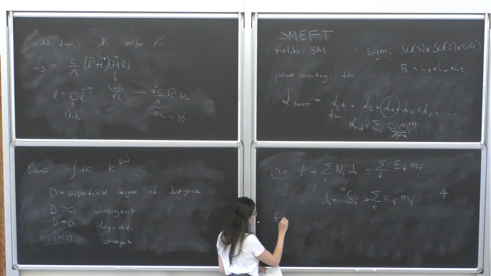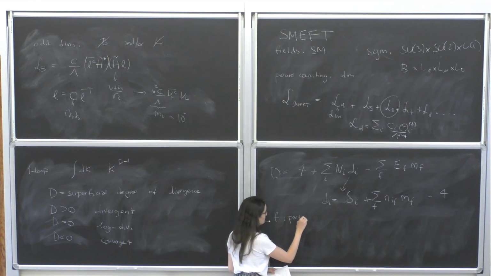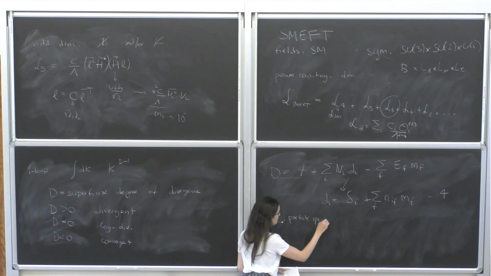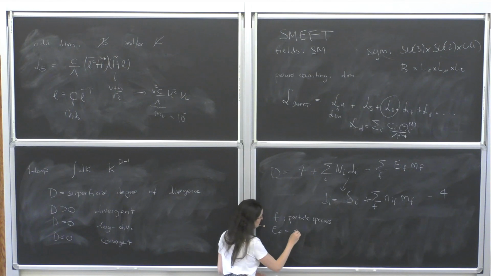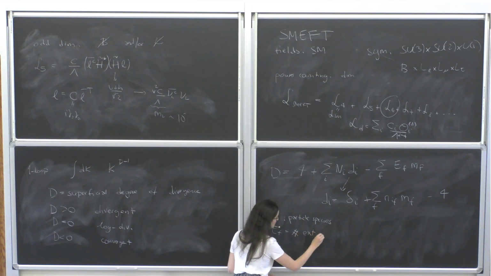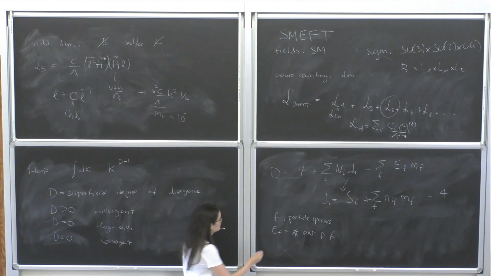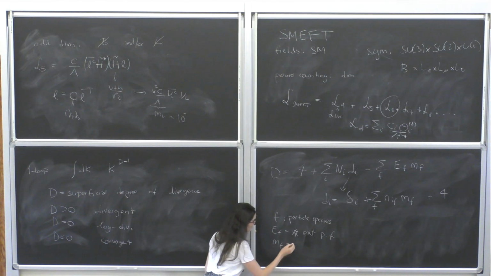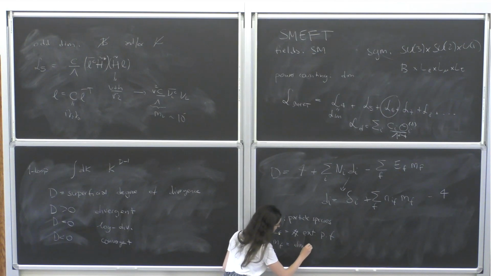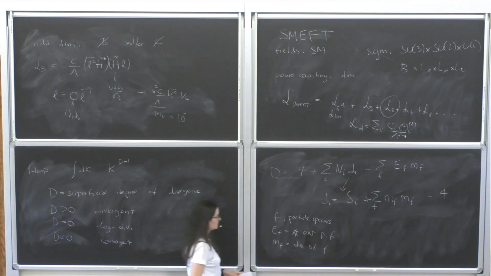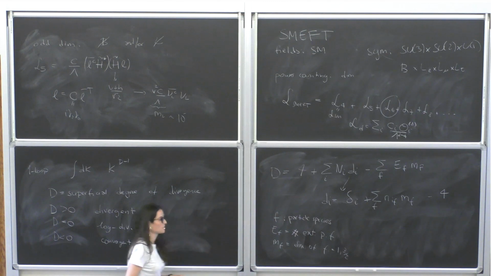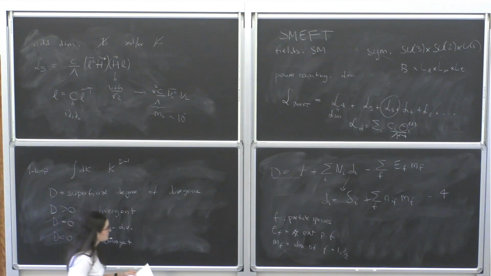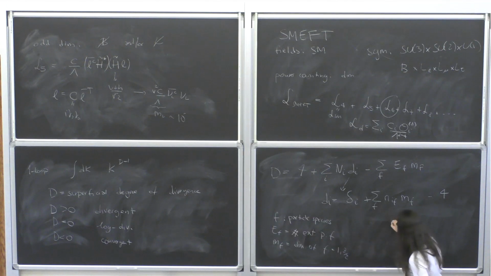Now, F is an index that runs over particle species, so fields, for instance. Then E_F is the number of external particles of type F. M_F is the canonical dimension of the particle F. So typically it is 1 for bosons and 3/2 for the fermions. I'm not going to do anything more sophisticated than that. The index I labels types of vertices.